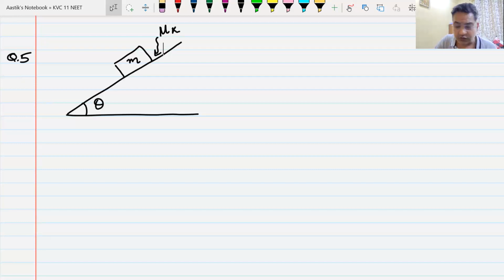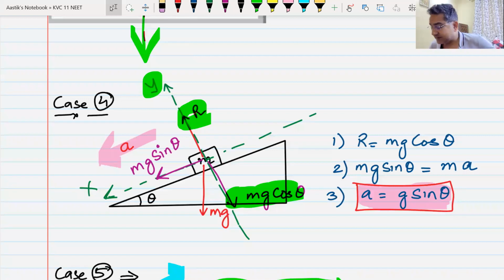I just had to show you this case. This is the case that we had done where the block was kept on a smooth inclined plane. When it was kept on a smooth inclined plane, the acceleration was g sine theta. Do we remember it?